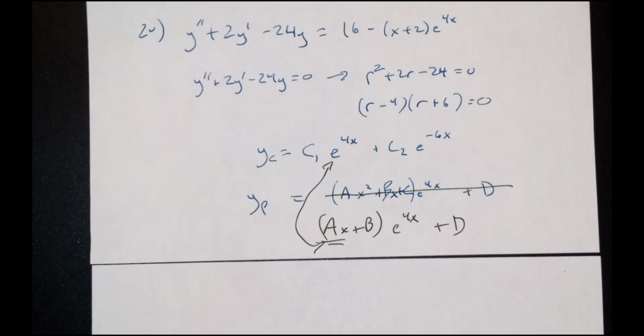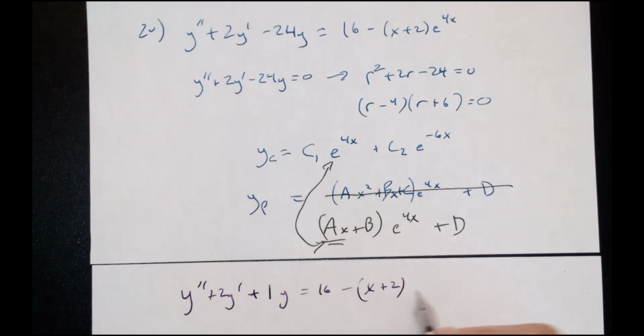So I'll change one number. Y double prime plus 2y prime plus 1y equals 16 minus x plus 2 e to the x. I'm going to have to change 2 numbers.